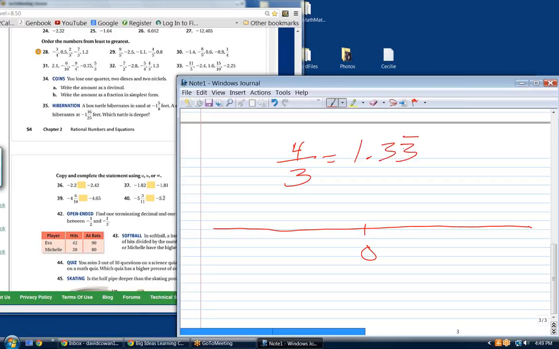And even though it's repeating, it's more than 1.3. So 1.3 comes next, and then 4/3 comes after that. Just barely, because this is 1.3, and there's a 0 implied there, and here it would be 1.33 repeating. So that's a little bit more.